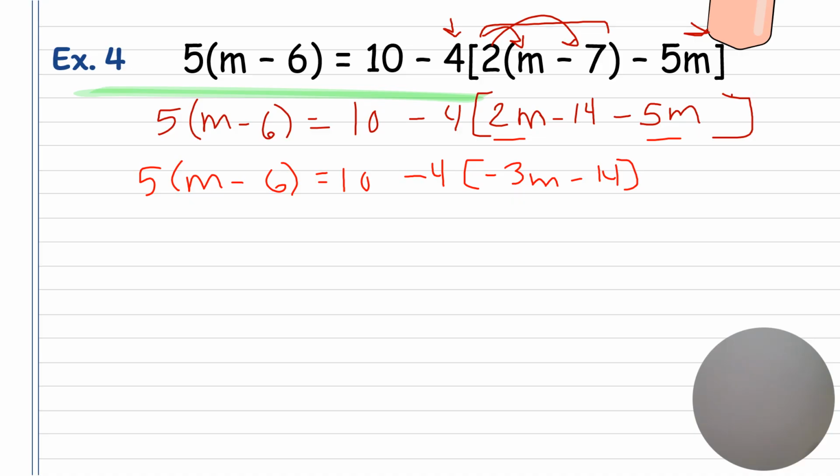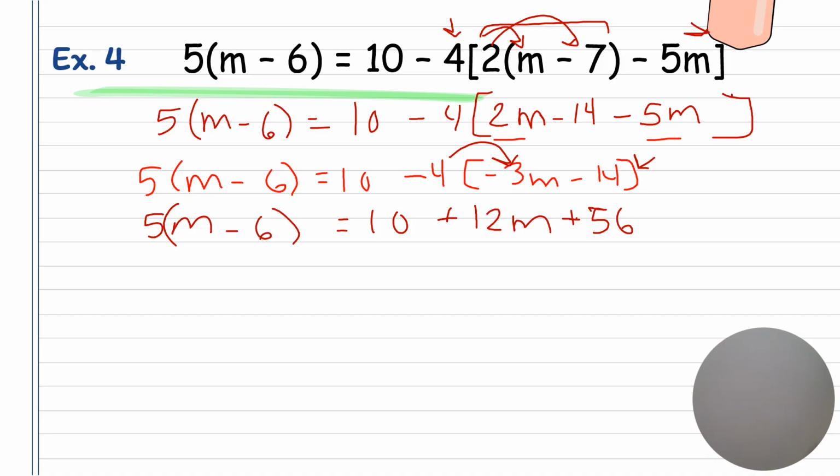So even though these are square brackets here, it is still a grouping symbol, and I am still going to multiply this -4 in here using the distributive property. So if I do that, I'll wind up with a positive 12m and a positive 56 here, with my 10, and everything else is still the same.